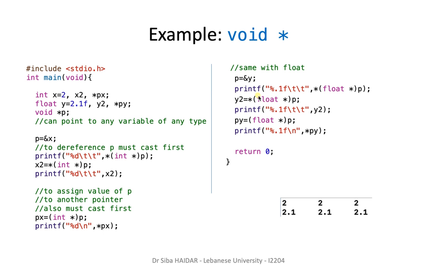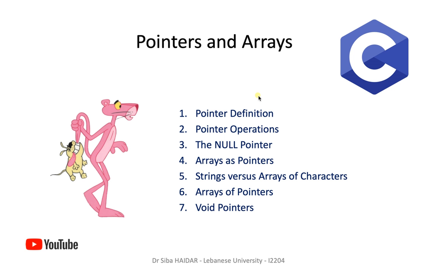So this was about our chapter, pointers and arrays. We have seen pointer definition, pointer operations, and null pointers. We have introduced arrays and we have seen them as pointers because this is the reality. We compared C strings versus arrays of characters and we saw when to use each type.